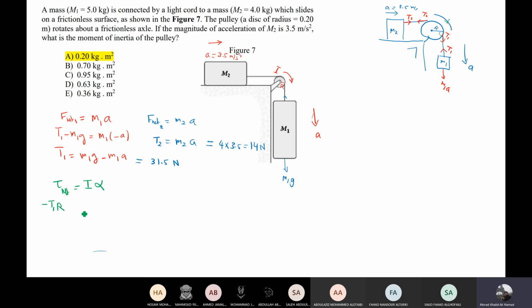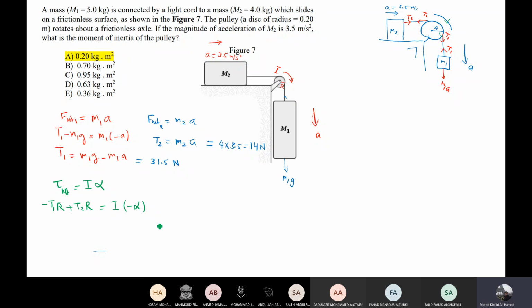So it is minus T1R plus this one: if you pull to the left, it will rotate counterclockwise, so it is plus T2R, and theta is equal to 90, equal to I times minus alpha. Why minus alpha? Because the total rotation is clockwise, since the acceleration is downward.